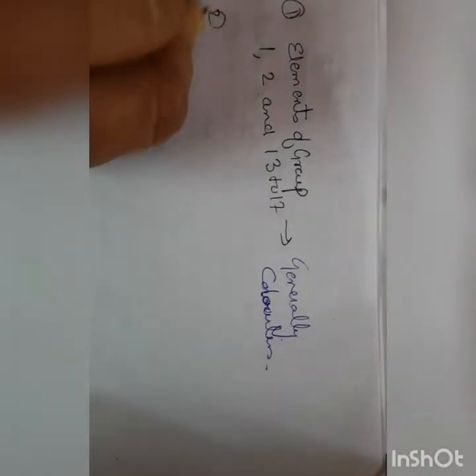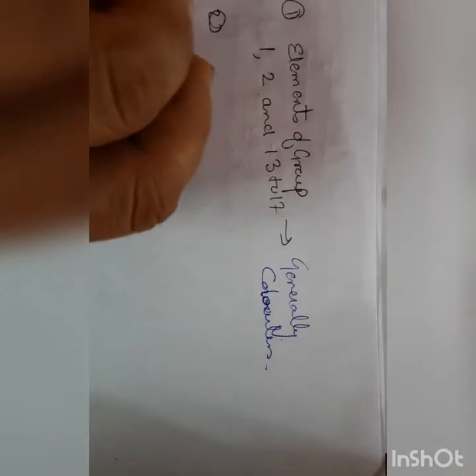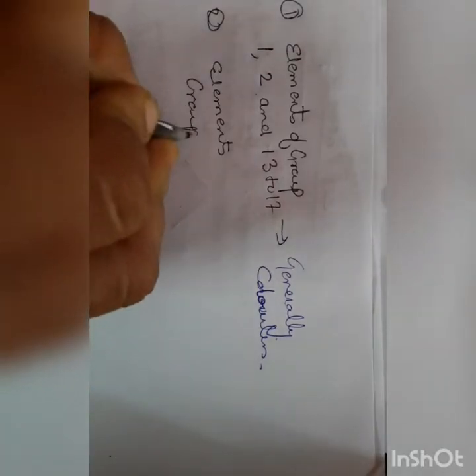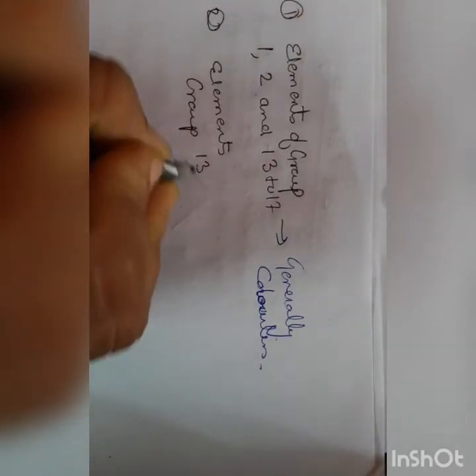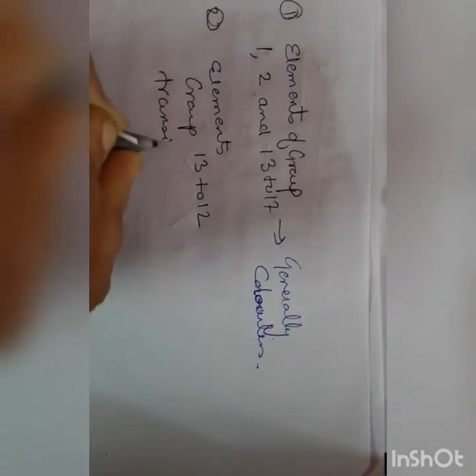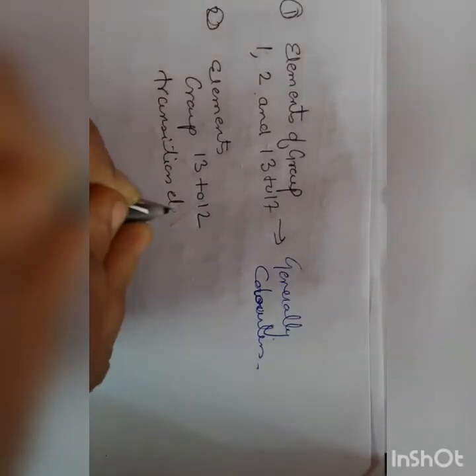Now when we take elements that is from group 3 to 12, they are also known as transition elements.